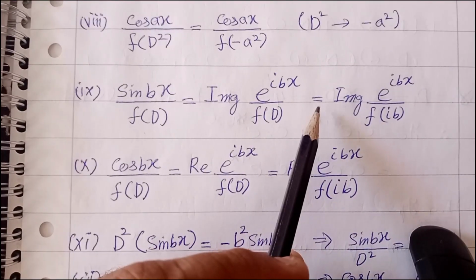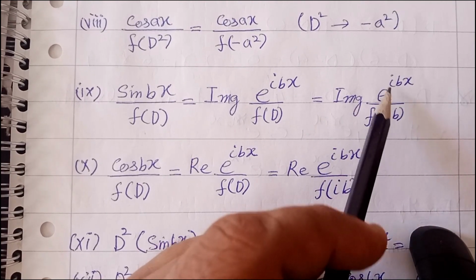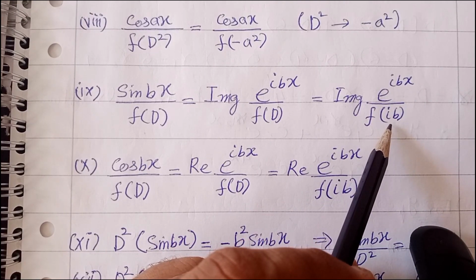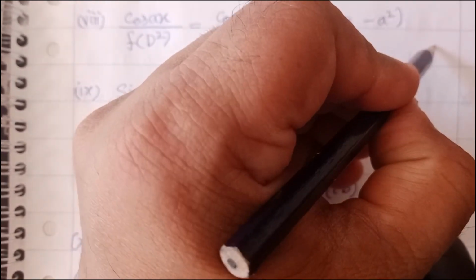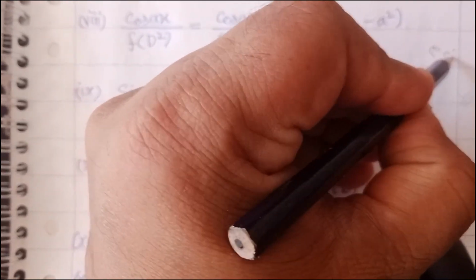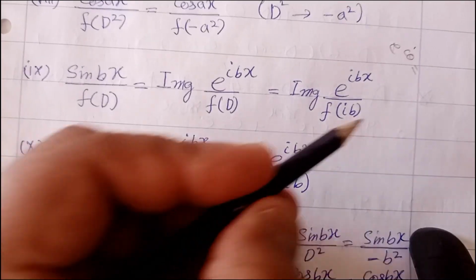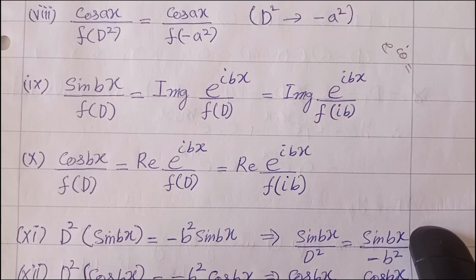To obtain the solution, that would be the imaginary part of exponential iota bx upon f of iota b, substituting iota b for d. And we know that exponential iota theta is equal to cos theta plus iota sin theta, right?